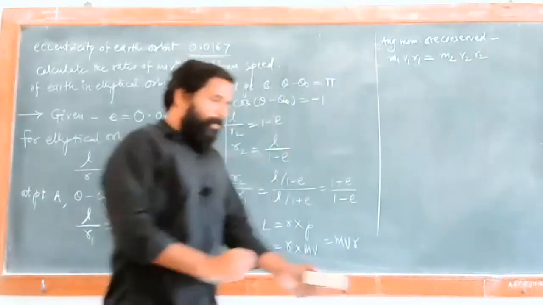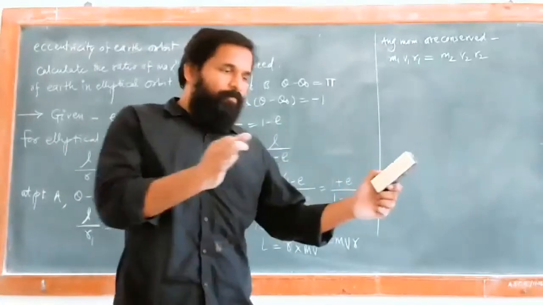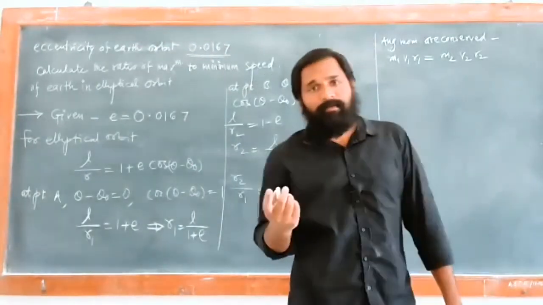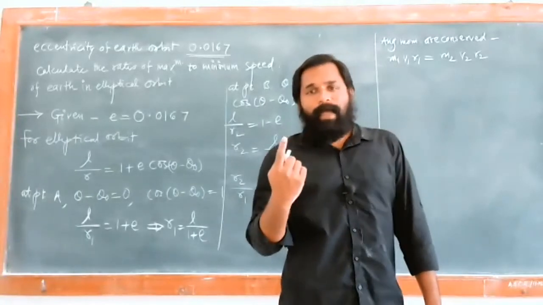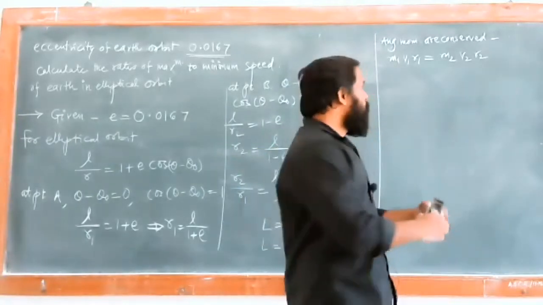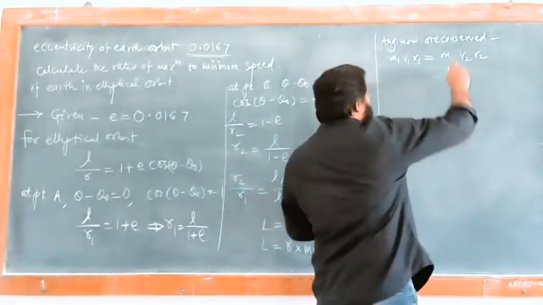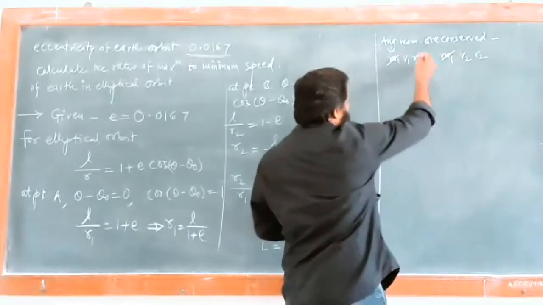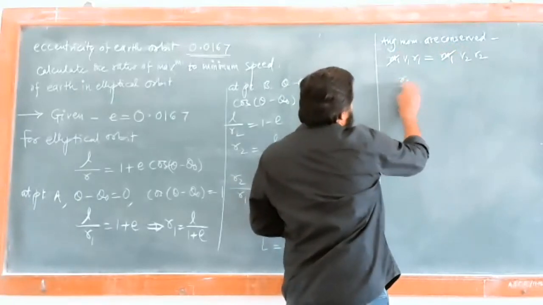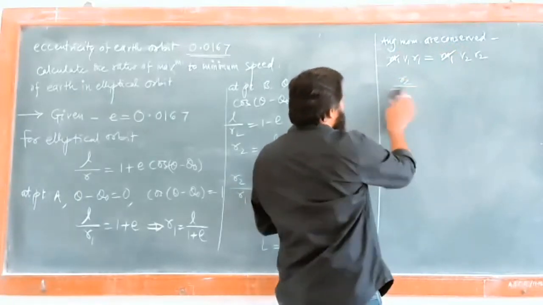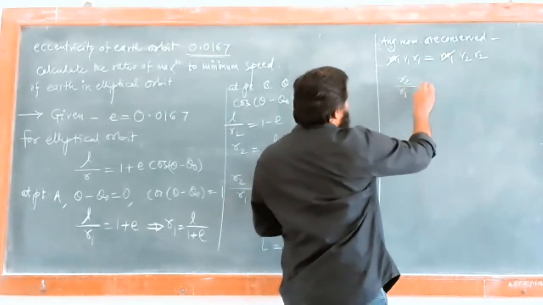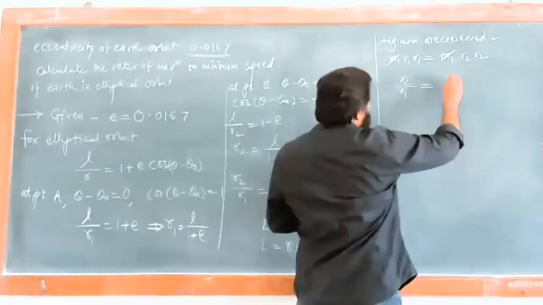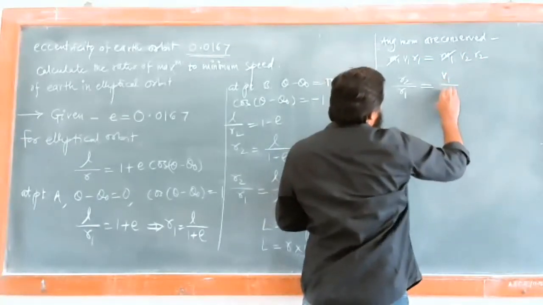Right? So the angular momentum before and after at those points, but the mass is the same. There is only one planet which is moving. So m1 is equal to m2, and m will get cancelled out, and I can write r2 divided by r1 is equal to v1 divided by v2.